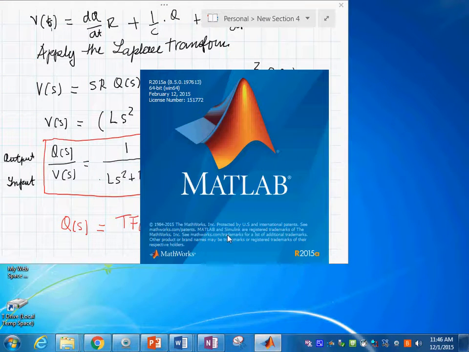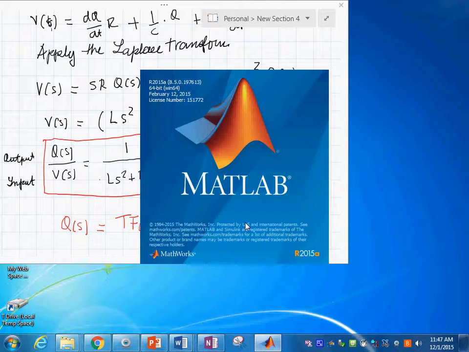Now let me show you how you could actually enter this in MATLAB. As soon as this comes up, we will do this. It takes a few moments.